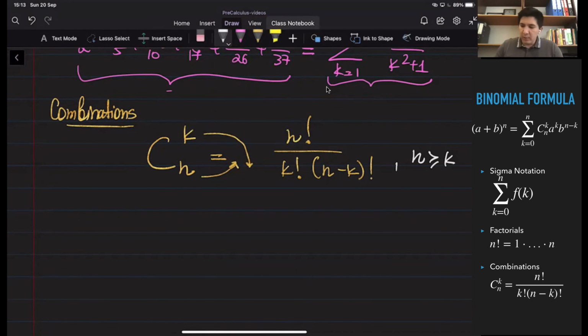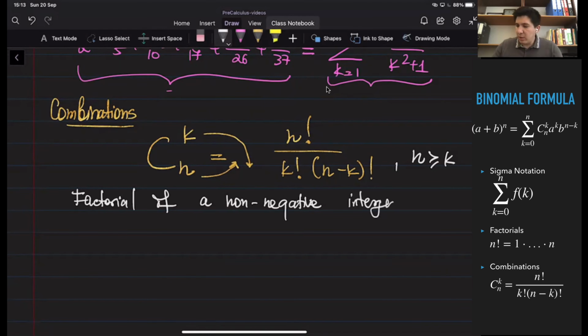So what's a factorial? The factorial of a non-negative integer n, denoted n factorial, is equal to the multiplication of all the integers starting from 1 until this n.